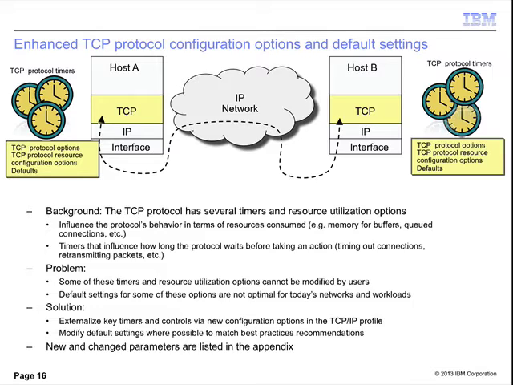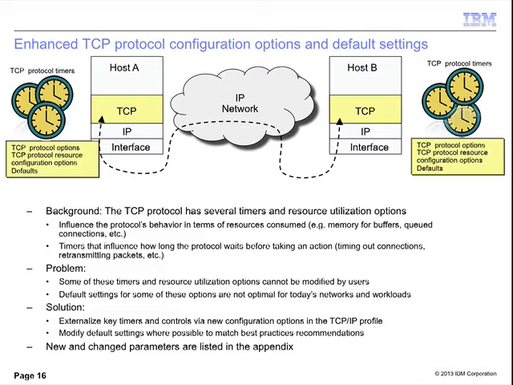The thing is, many of these timer values and buffer values and so forth are internal. They're not things you can influence through any configuration options, and we've had customer requirements over the years to externalize some of that. So we're doing that in V2R1. Another thing that we're doing while we're in the neighborhood is updating some of the defaults.